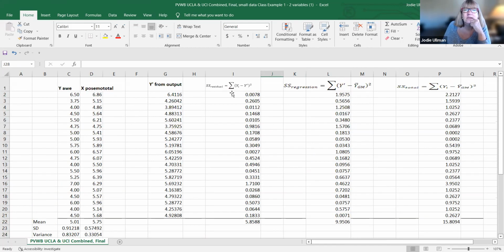And finally, this is the residual, the unexplainable. This is how far each person's score is away from the score we predicted that they would have. So you can think of this as how wrong is our regression line.